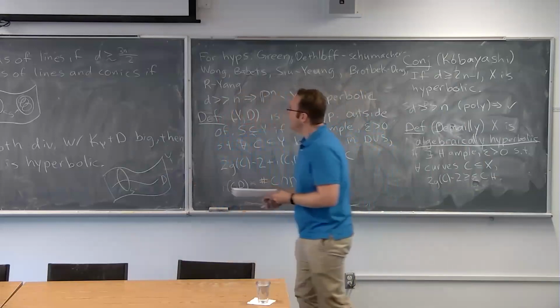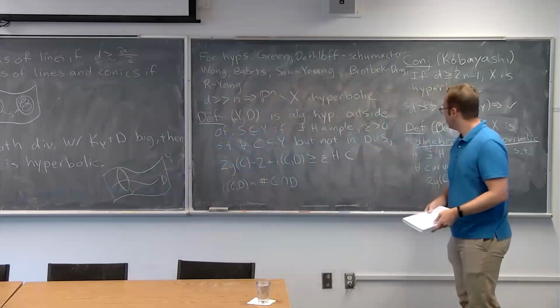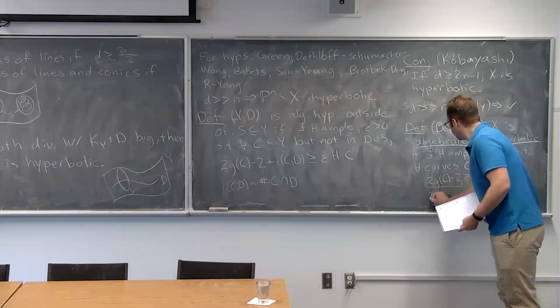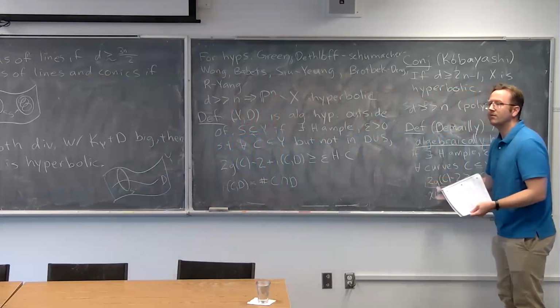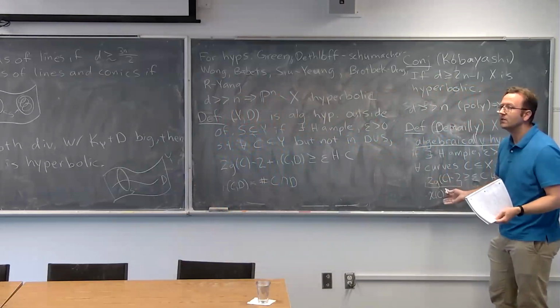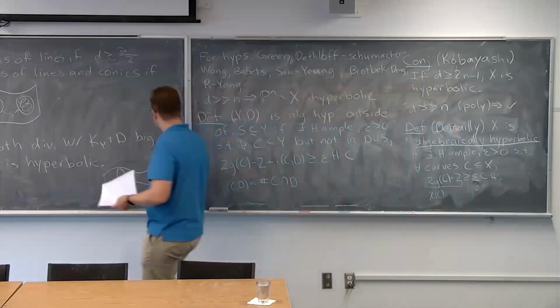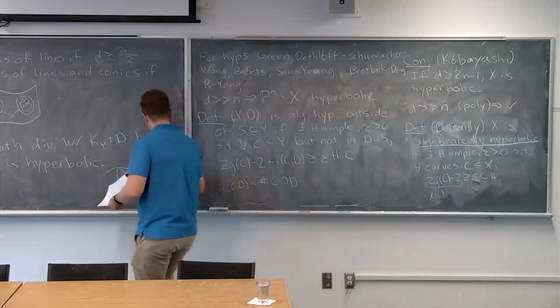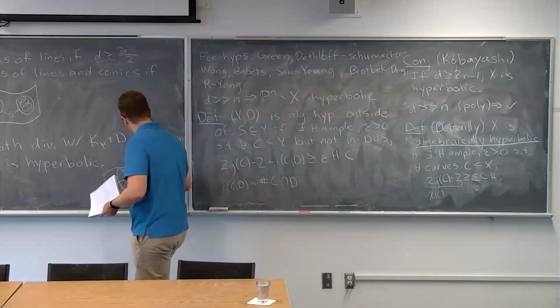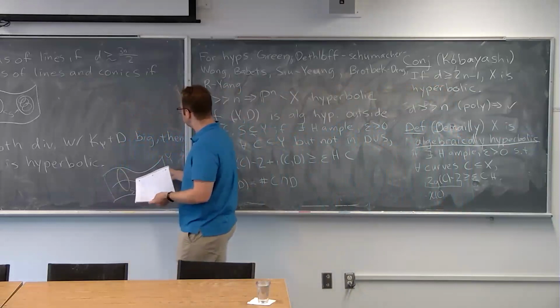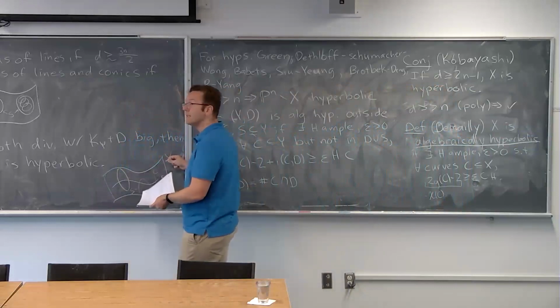The way to motivate this definition here, this 2g minus 2, is the negative Euler characteristic of C. It's roughly the topological Euler characteristic. And so if we have a curve C, which maybe will be orange, and it meets our D, we want to think, well, what is C in the complement of D in Y?